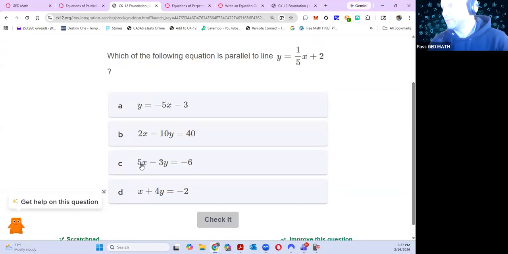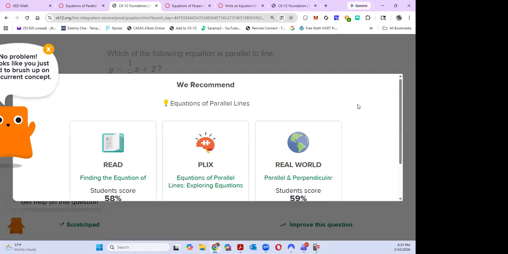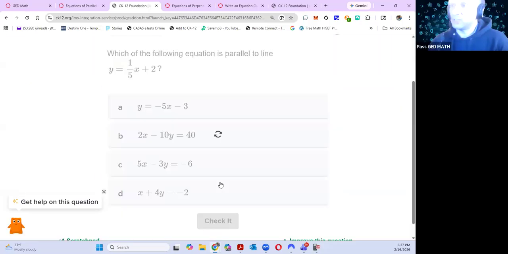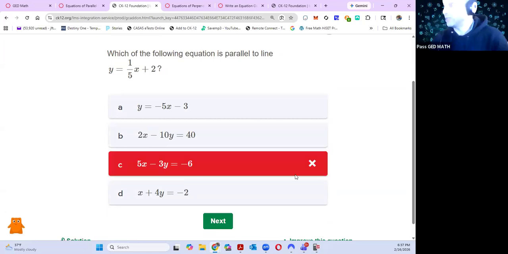We could do -5/3. That'd be fine. That's wrong. See, now when you get too many wrong in a word, they're saying, okay, you need to practice some more. Let's see what level I'm on. Beginning.